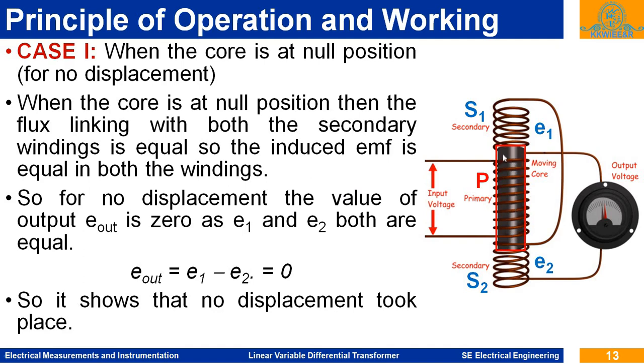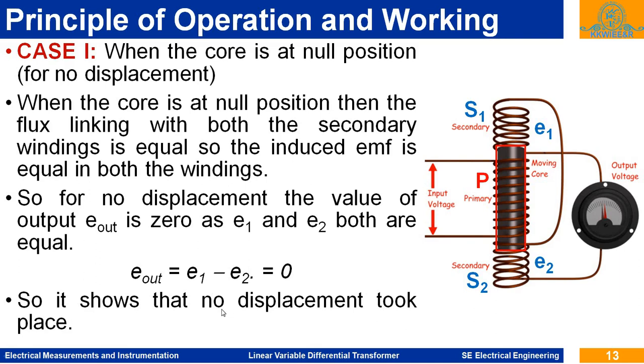The number of turns on the secondary windings S1 and S2 are the same, so the EMF induced in the E1 and E2 windings is the same. So E1 is equal to E2, and the difference is 0.